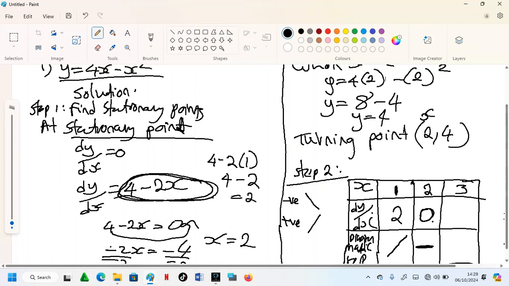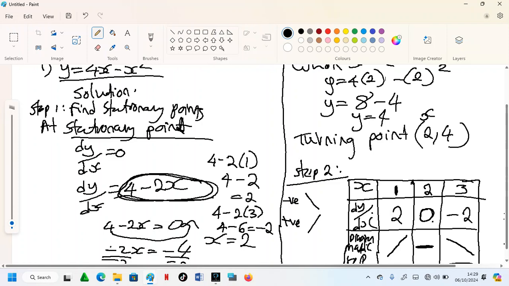And when x is 3, we have 4 minus 2 times 3, which is 4 minus 6, and therefore it's negative 2. If it is negative, then it looks like this. I hope you remember that.